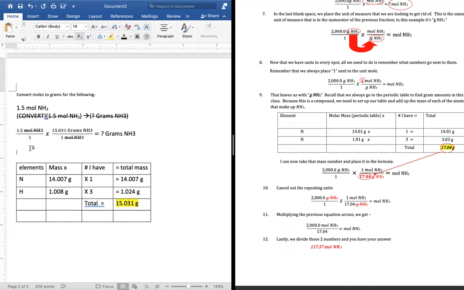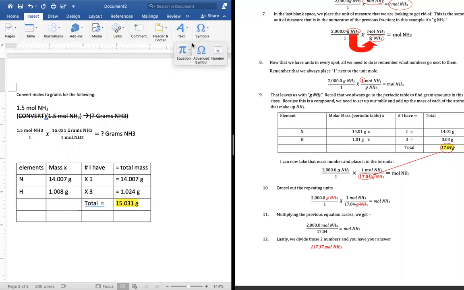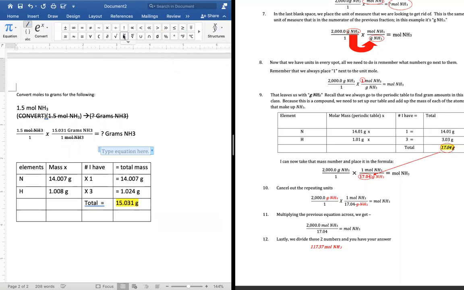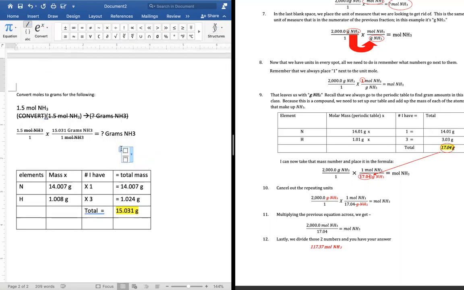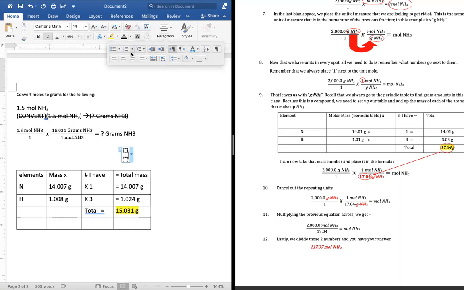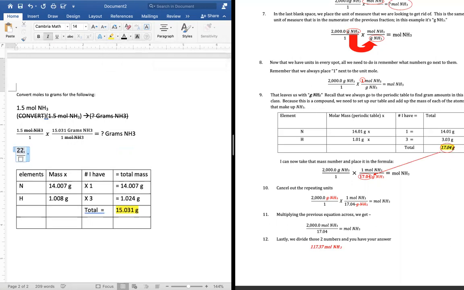And I get, let me again put a fraction bar down there. So what we get is 25.5465.